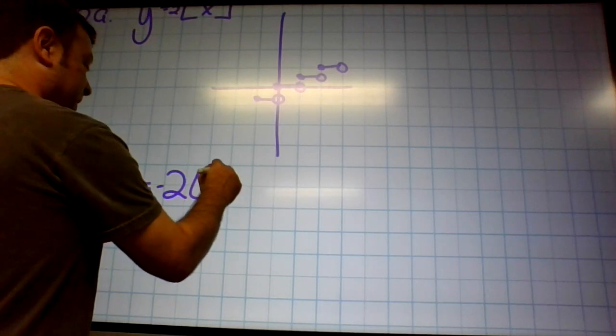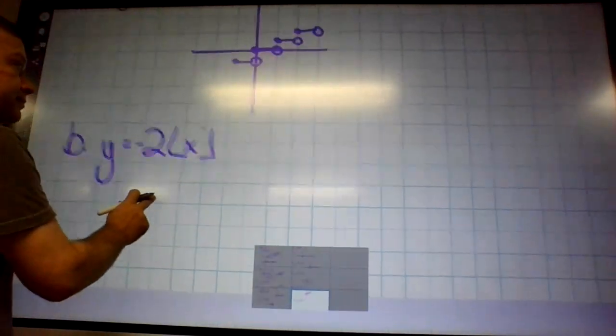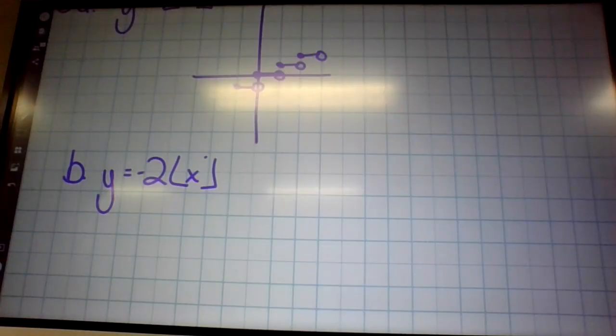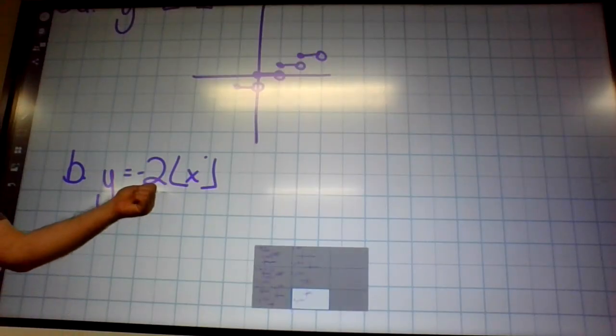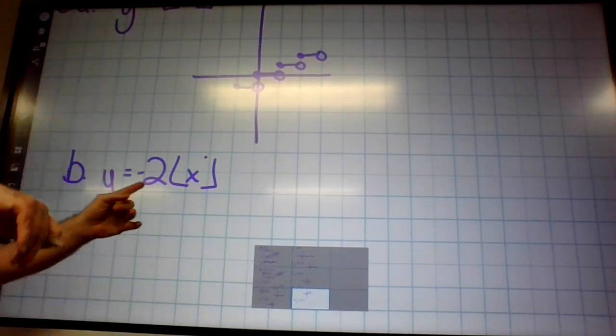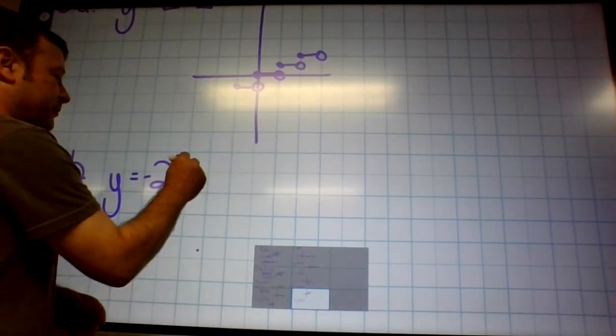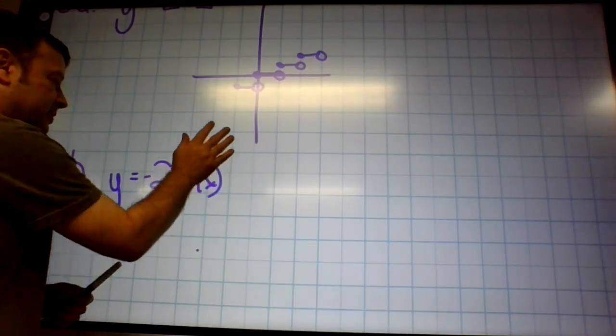So what do you guys think this -2 is going to do? Okay, let's start with the 2. What's the 2 going to do? It's not directly on the x. It's on the front. The whole function is getting multiplied by 2, like everything.